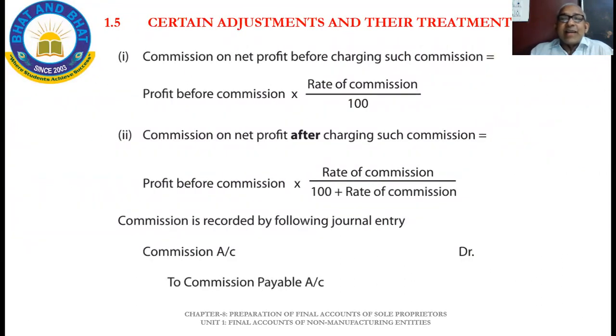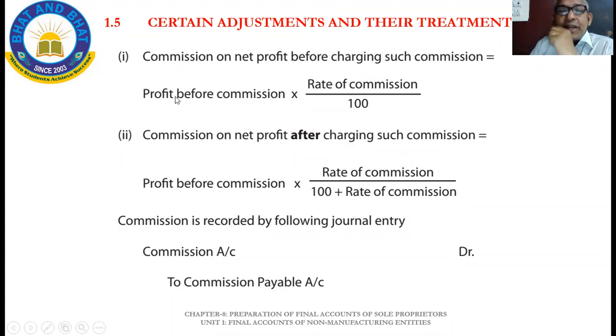Calculation, just now I told you, no? See, profit before commission divided by 100 into rate of commission. See here, profit before commission, 100 plus, that is what my example, 105, then 5 rupees, right?